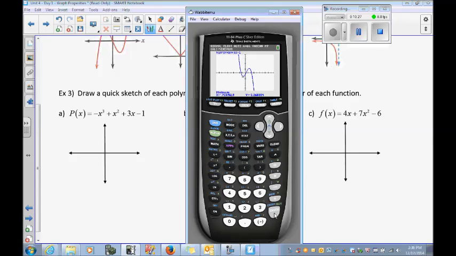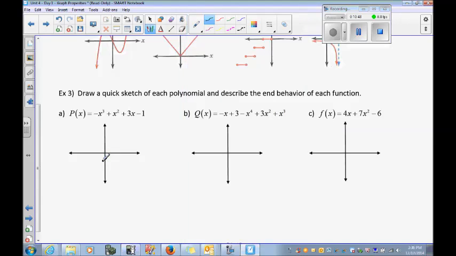And it says that our minimum point is at negative 0.72 and negative 2.26, roughly. So we plot our minimum point, approximately here.